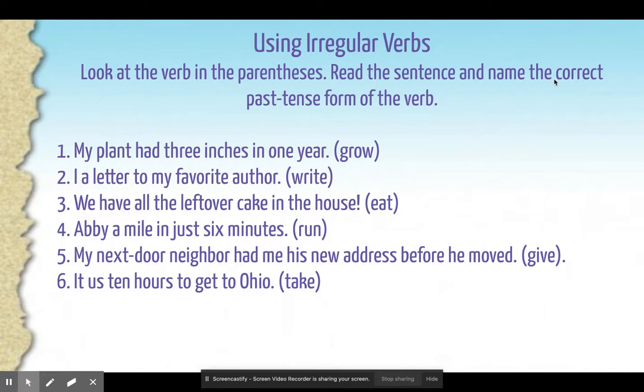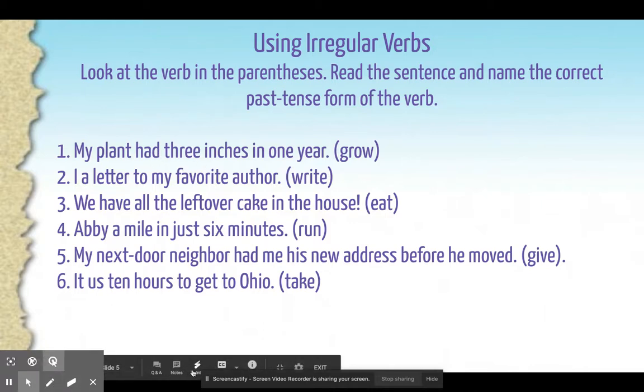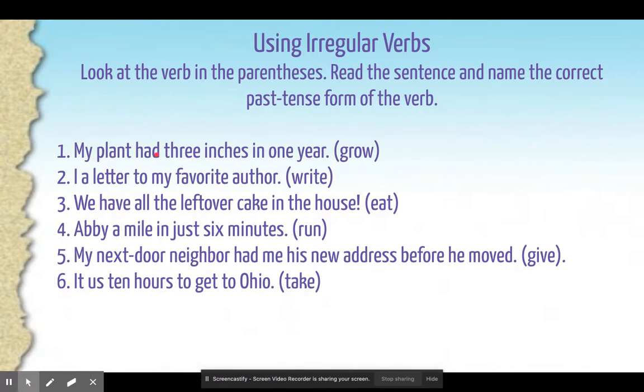So we're going to look at some examples and pick the correct past tense word to complete the sentence. My plant had blank 3 inches in 1 year. So we're looking at putting the past tense right here. So we should say, my plant had grown 3 inches in 1 year.